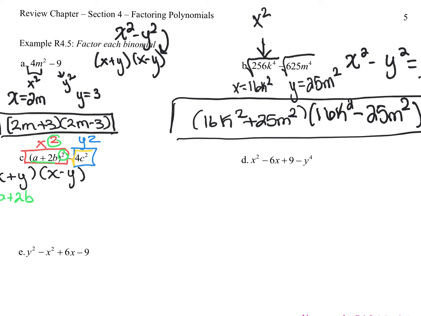We have to square root this piece to find y. So y is going to equal, the square root of 4 is 2, and then the square root of c squared is just c. And then we can plug it into our pattern. A plus 2b plus 2c, a plus 2b minus 2c.